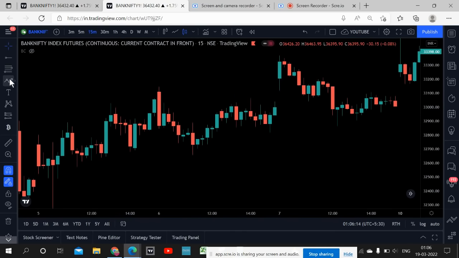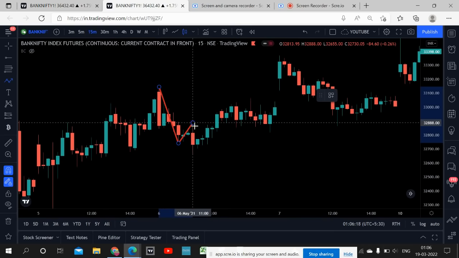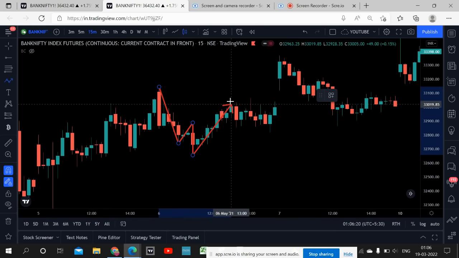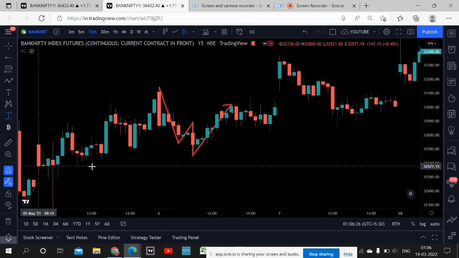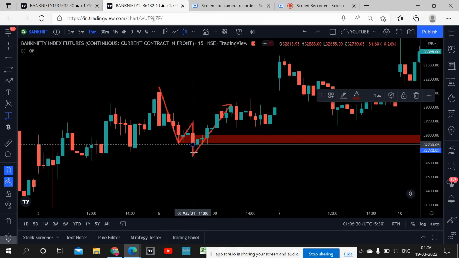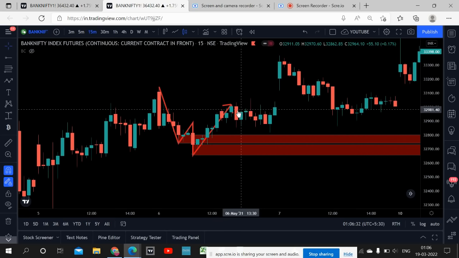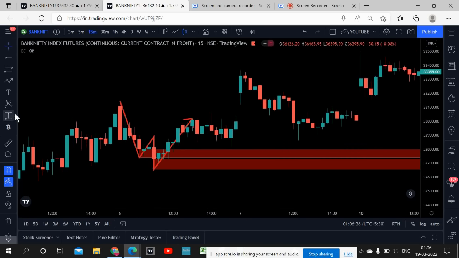If I look minutely, I have got another one here. It made a higher high and closed about this point, so I'll mark this. After making the higher high, I will wait for the price to come here and take a trade.